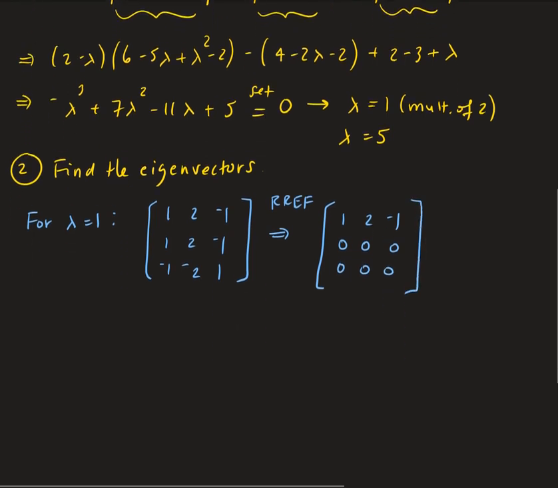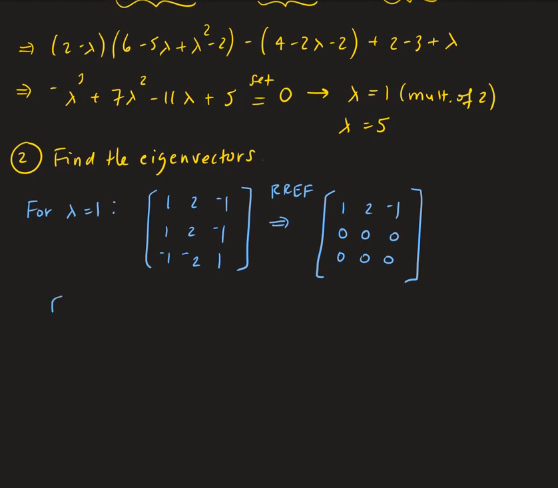Just augment the 0 vector onto there. So we have 2 free variables here and 1 basic variable.